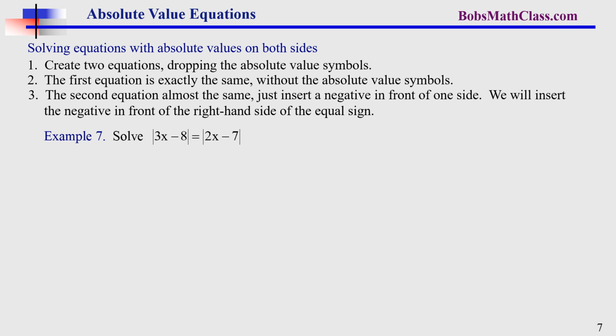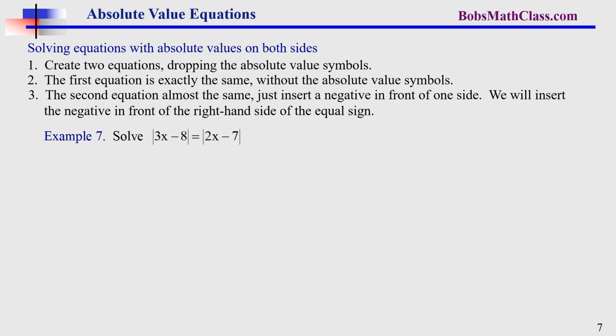Okay, our last objective here: solving equations with absolute values on both sides. 3 notes. 1, we're going to create 2 equations, dropping the absolute value symbols. Sounds similar to the previous examples, right?